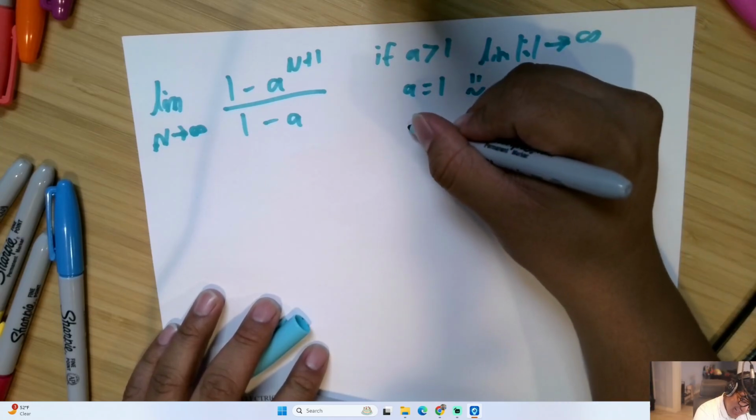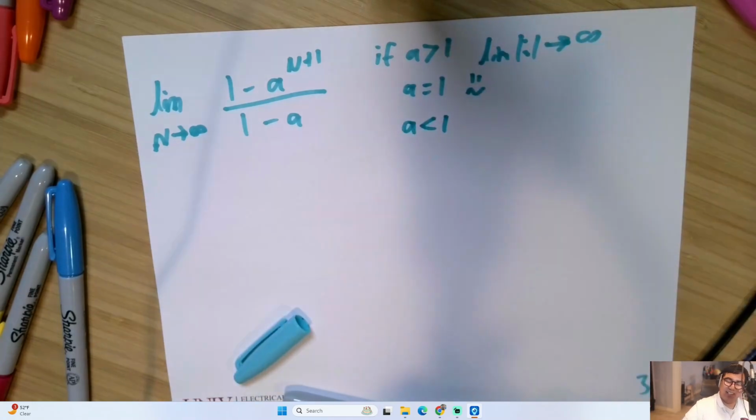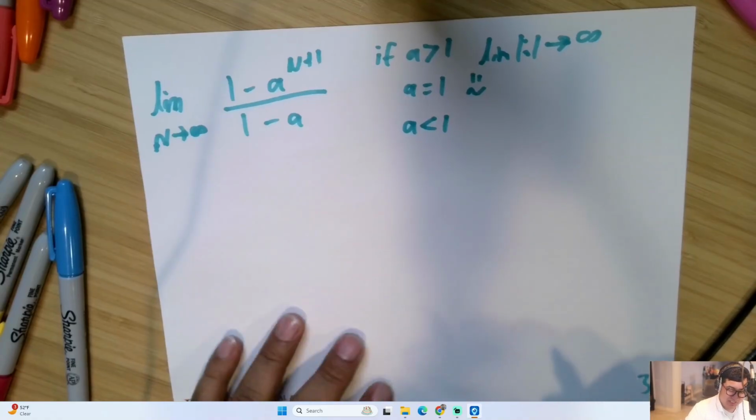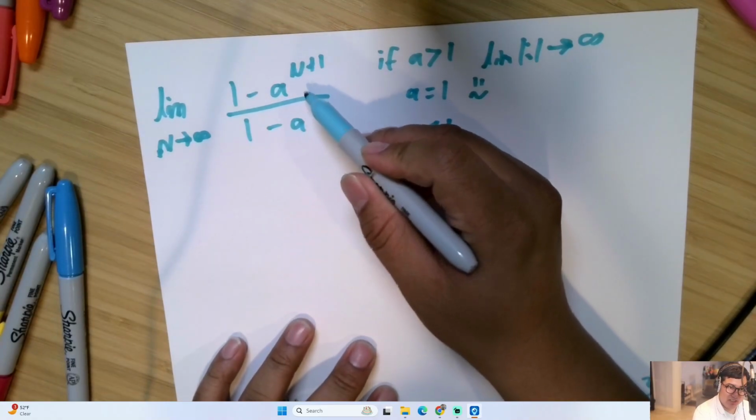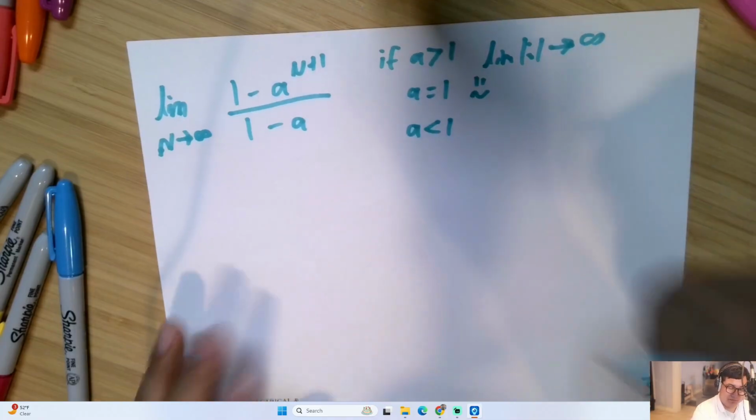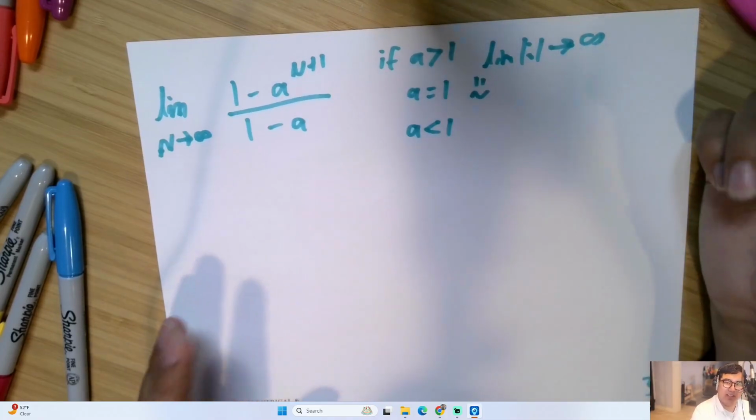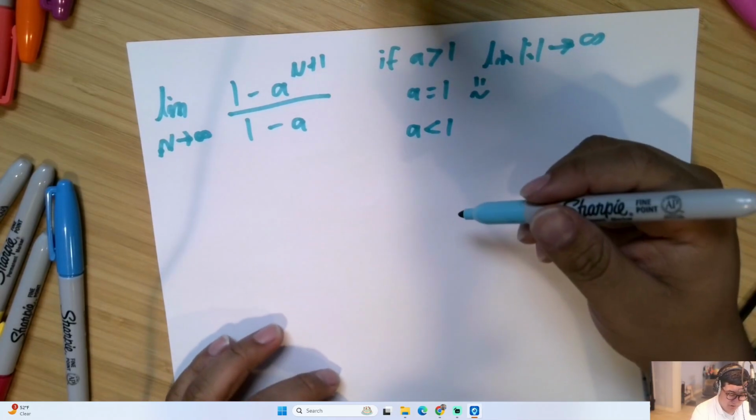But if it is less than 1, all right? So we have like 0.5. So you got 0.5 times itself, which is 0.25, and it gets smaller. It gets smaller, very small, right? It converges, okay? That's good. So if we go to infinity, like 0.99 to the infinite power, right?